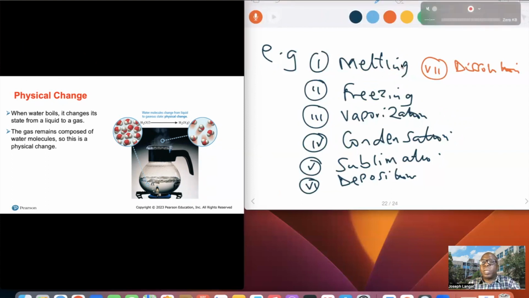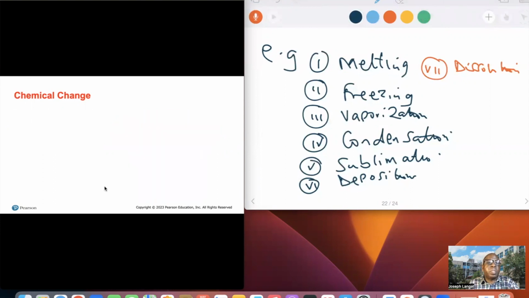Under physical change. There is also dissolution, which was not in the flowchart, but here are the 6. Look at the 6 physical changes. Here on the PowerPoint slide is just capturing vaporization, which is a change of state from liquid to gas.